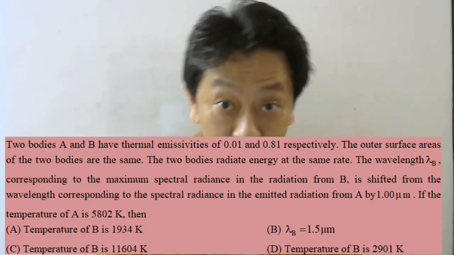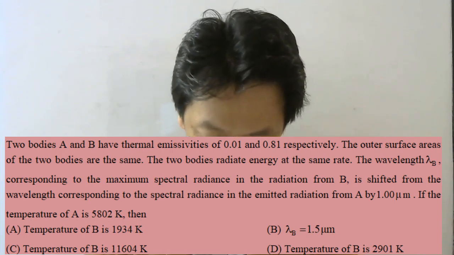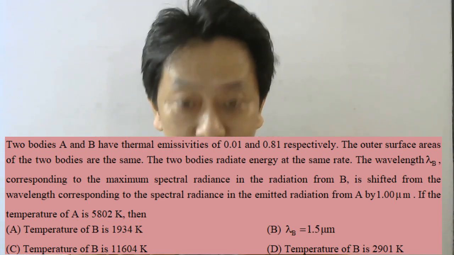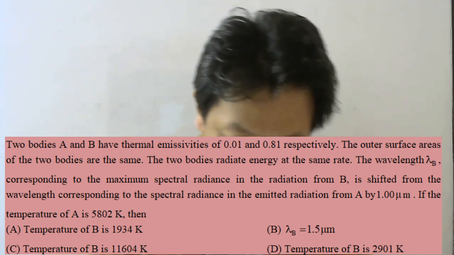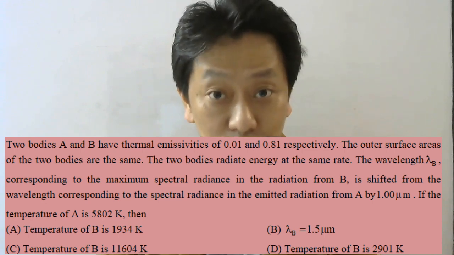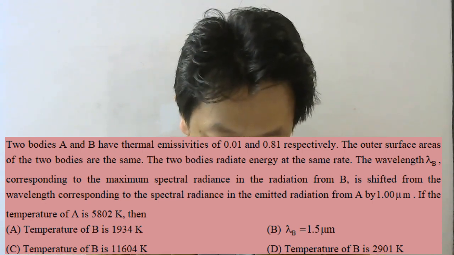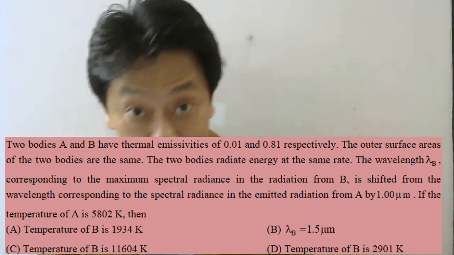Here, more than one option can be correct. It says two bodies A and B have thermal emissivities of 0.01 and 0.81 respectively. The outer surface area of the two bodies are same. The two bodies emit total radiant power at the same rate.